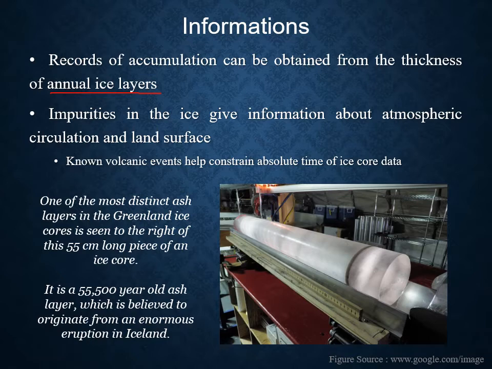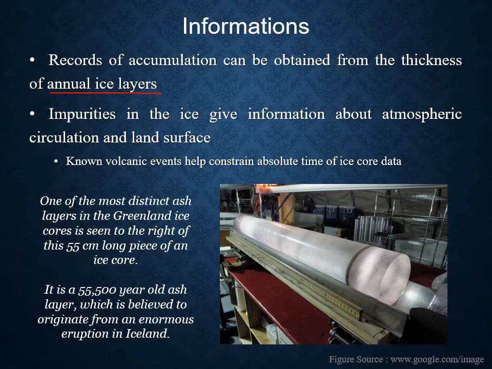Apart from this, the ice cores also host some impurities, and these impurities give us valuable information about the atmospheric condition of ancient times. Say, for example, the volcanic ash preserved in the ice cores.